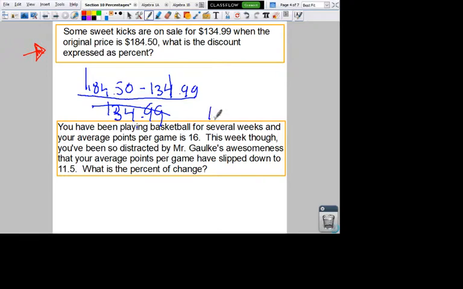So, it was kind of sneaky on this one. They said second for the original. We have to watch out, because we are actually going to divide it by 184.50. Okay, type it in. You got it.